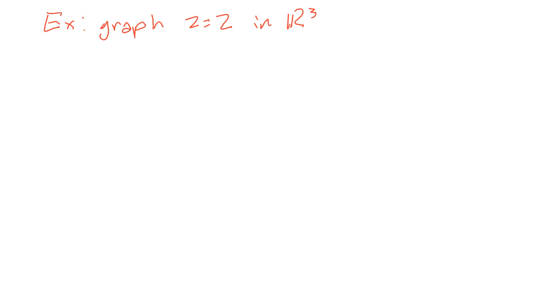Normally with the z, it's implied that you're in R cubed. We'll go over why it's important to know which space you're in, and the context, in another example right after this one.